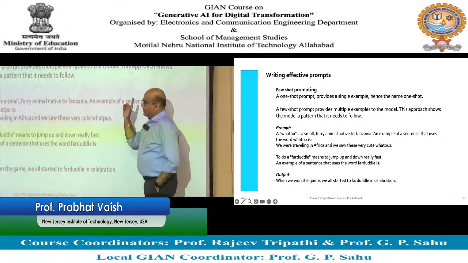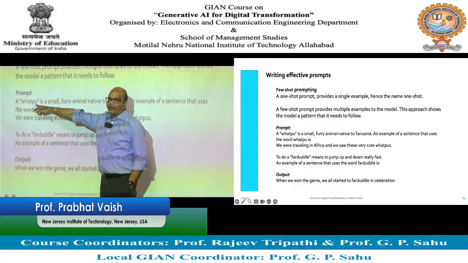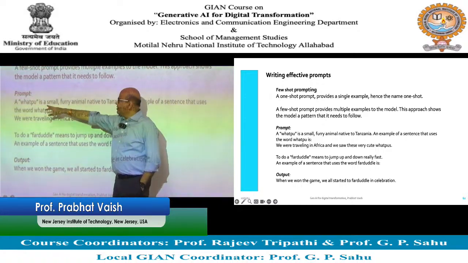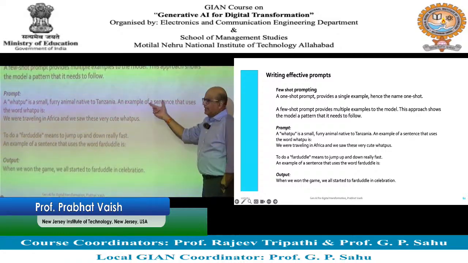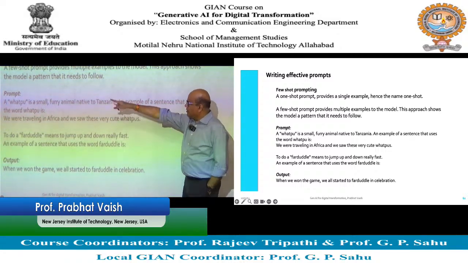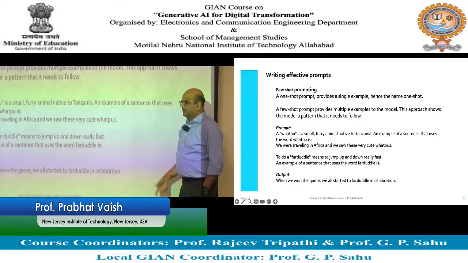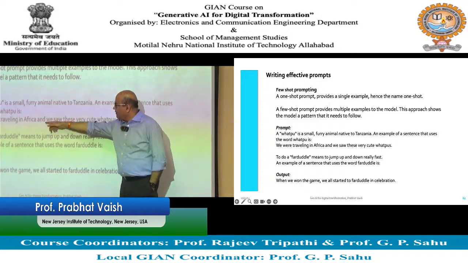Now the reason you know that supervised learning is happening is because there is no animal called a whatpoo. If the model has understood that a whatpoo is described as an animal here, and here is a sentence that's using that word: a whatpoo is a small animal native to Tanzania. We were traveling in Africa.